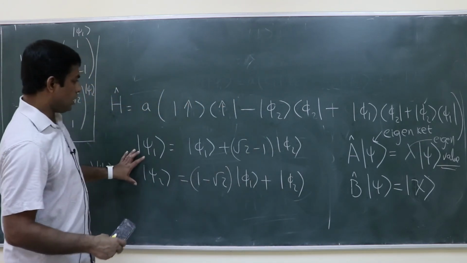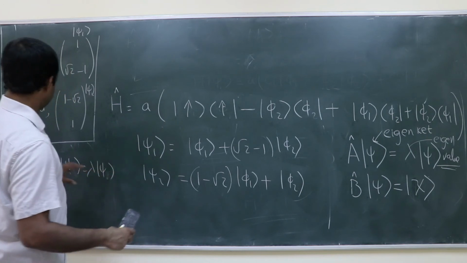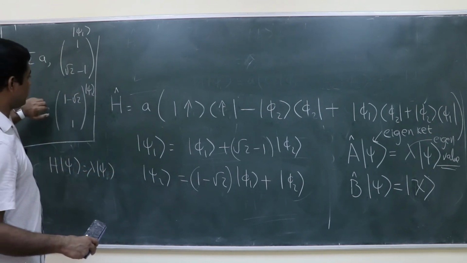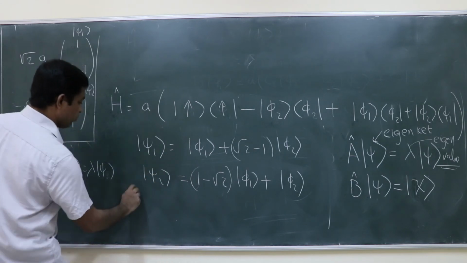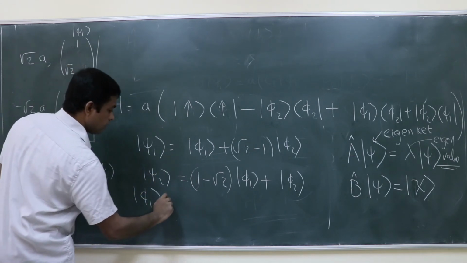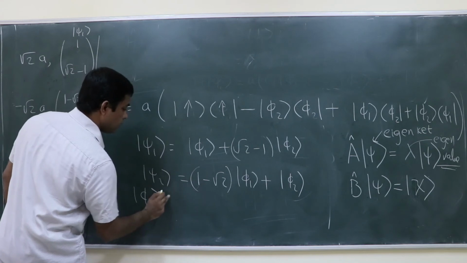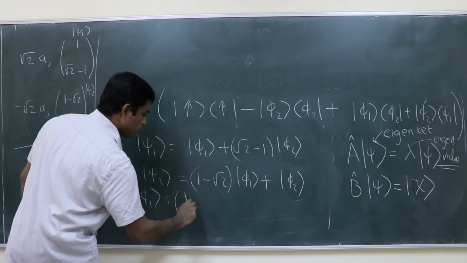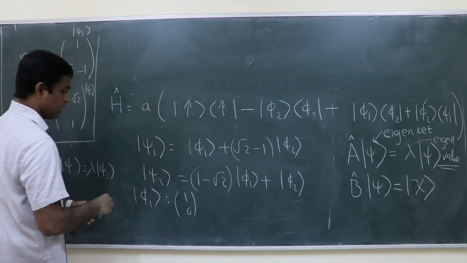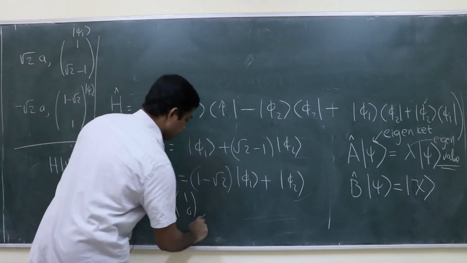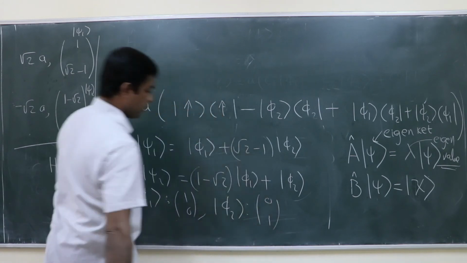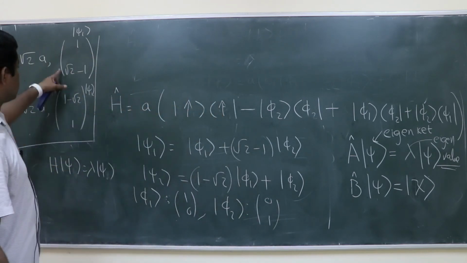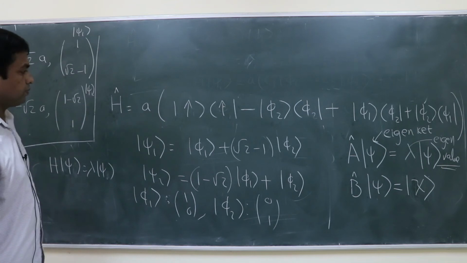How we got this was, you solved the matrix eigenvalue equation, found the eigenvectors, and wrote them this way, because ket phi 1 has the matrix representation 1 0, and ket phi 2 is 0 1. You use this notation, so that's the reason we got it.